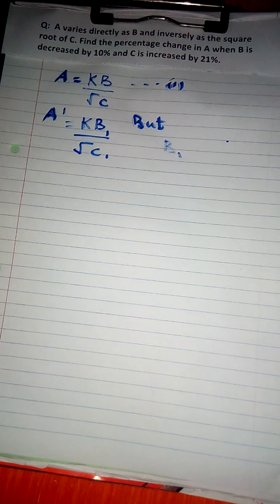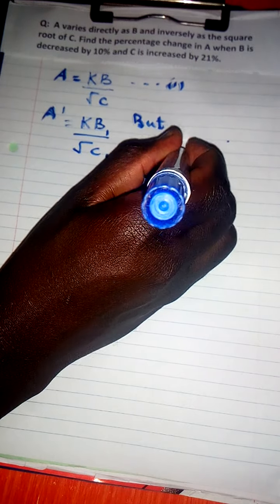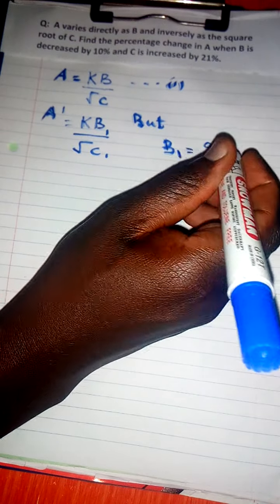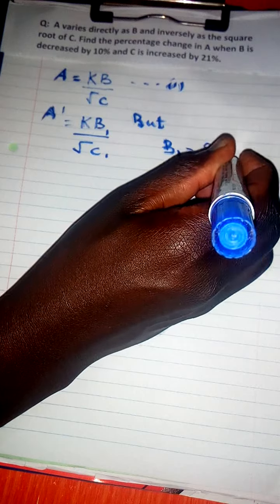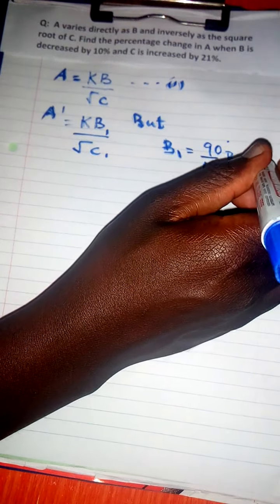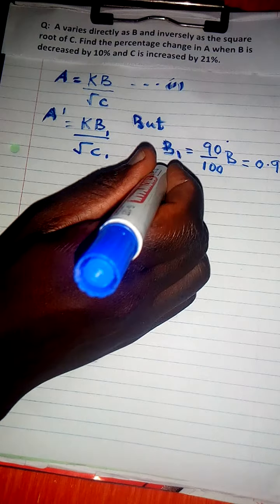What about B1? We are told that B has decreased by 10%. So B1 is equivalent to 90 out of 100 of B, which is 0.9 B. What about C?